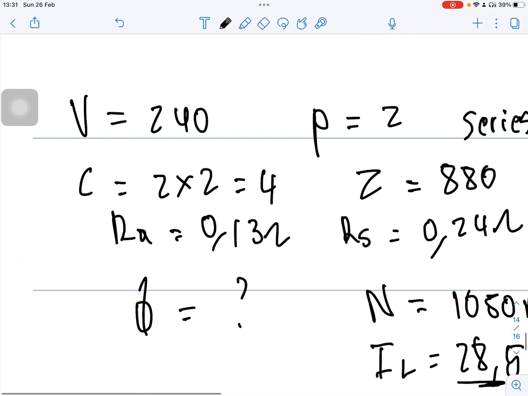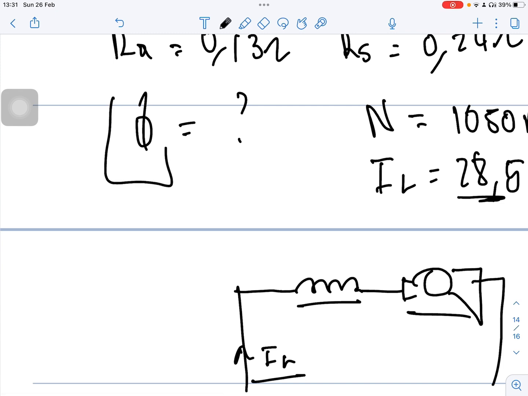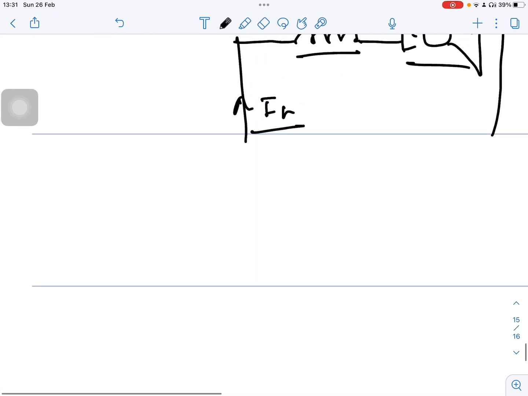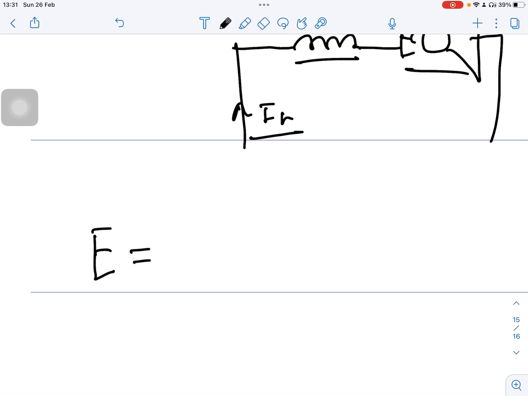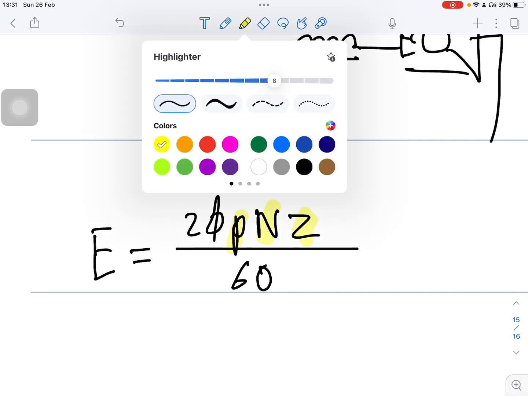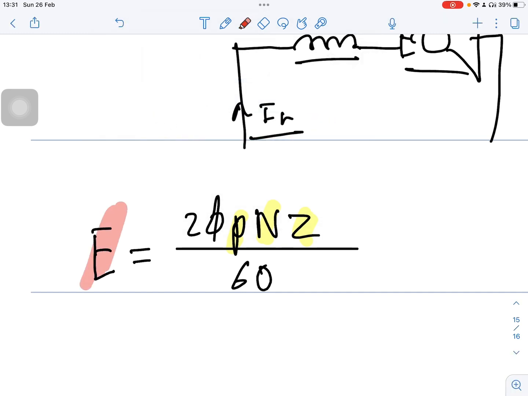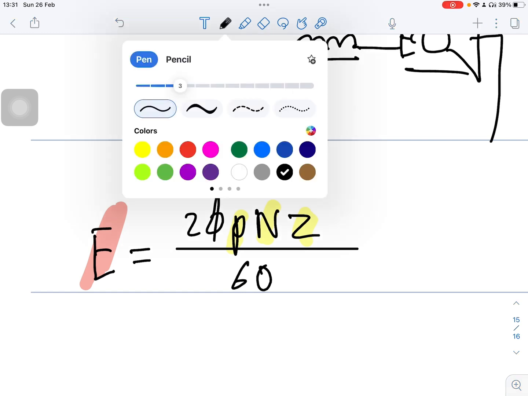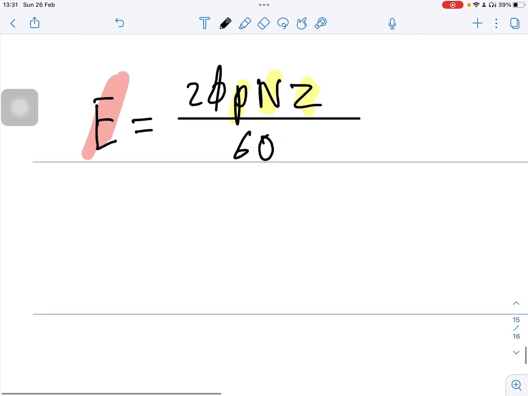So we know the formula with the unknown we want is the EMF of the machine, which applies to both: E equals 2 P N Z over 60 C. We can see I have this value, this value, and this value, but I don't have E. The other option for calculating E is using the motor EMF equation: E equals V minus IA RA.